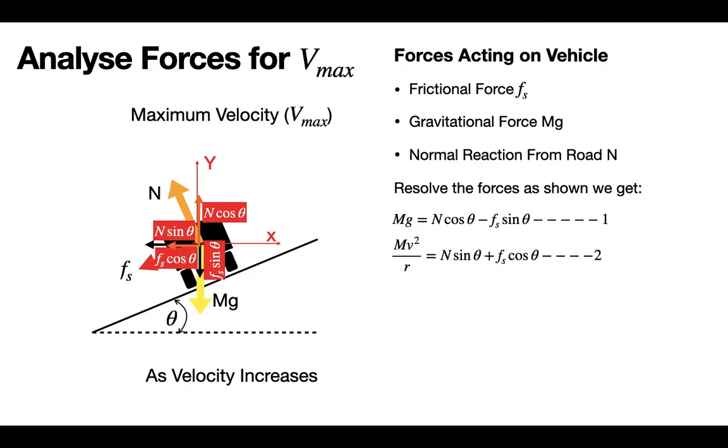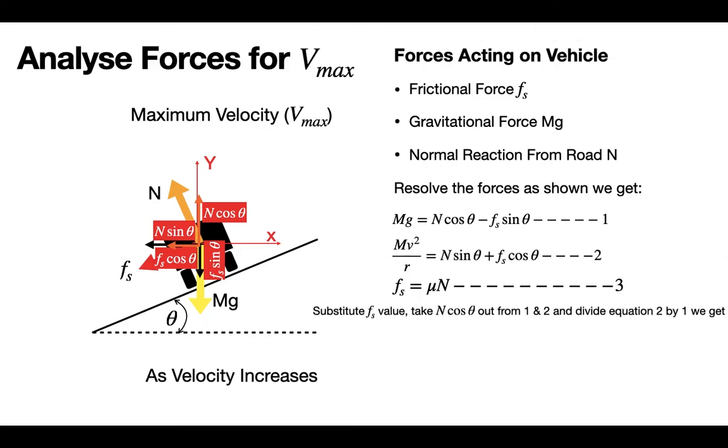And the centripetal force, which is responsible for the circular motion, mv square by r, is the sum of N sin theta plus Fs cos theta. The friction force is the coefficient of friction times the normal reaction.